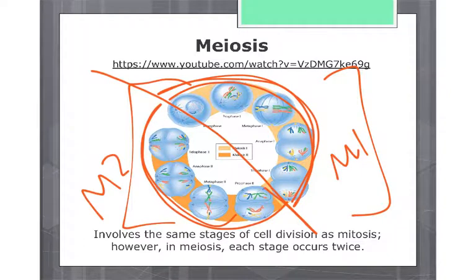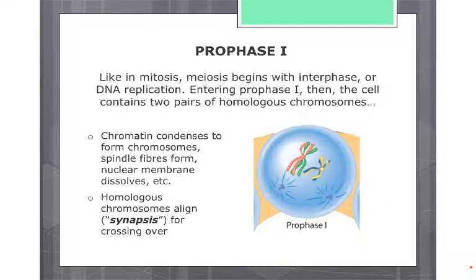The nice thing is that we will use the same words, but it's very important that in this phase of meiosis you identify if it's prophase 1, indicating meiosis 1, or prophase 2, indicating meiosis 2. So please be aware that the Roman numerals 1 and 2 are very important in meiosis.